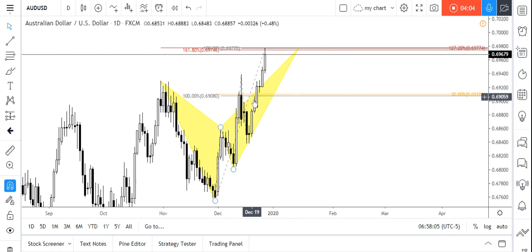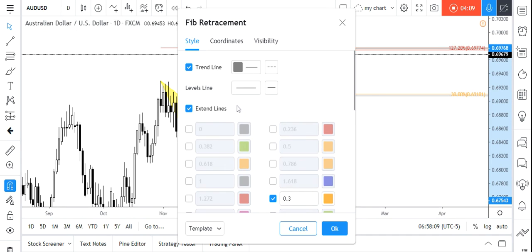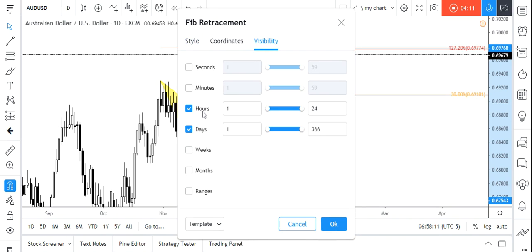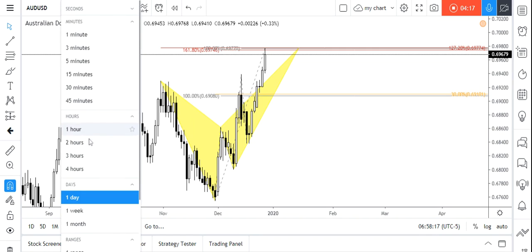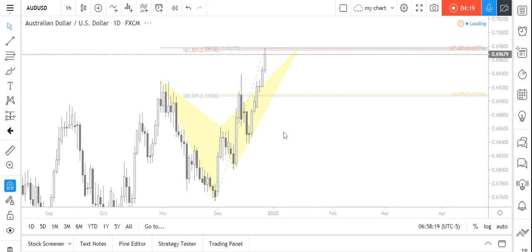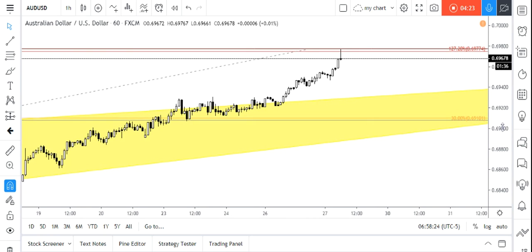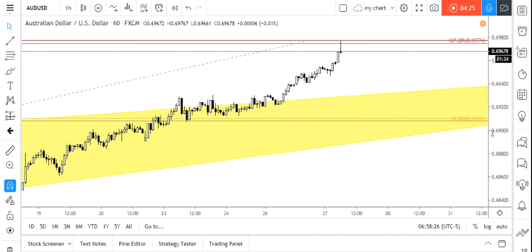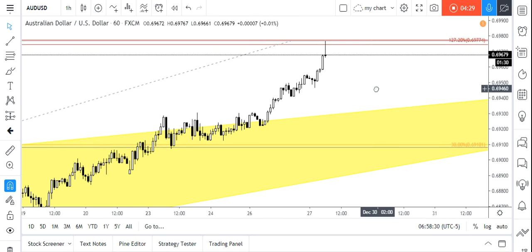Now let's go to the 1 hour time frame. Before I go there, let me make this Fibonacci visible even on the 1 hour time frame. Alright, it's already visible there. So now let's check what our risk reward is. Our risk reward for this trade is very good, because we will just look for a close of the daily candle.